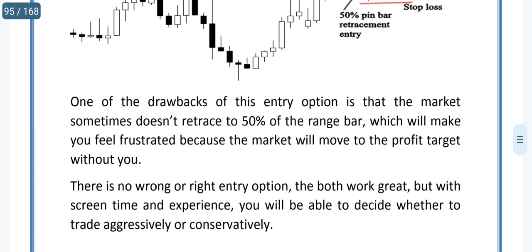The point to note is that with the conservative one, we enter the market after a 50% retracement move of the range bar. That's the difference between the conservative and the aggressive entry point.